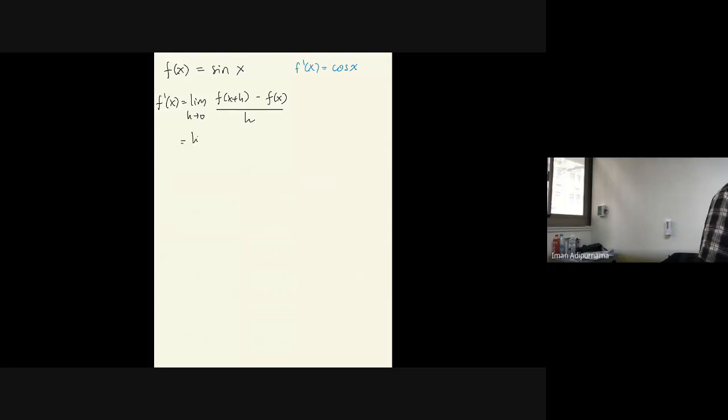So write all in sine x plus h, and then change all to sine. Anyone remember what is the formula for sine x plus h? Like alpha plus beta, like maybe in your high school. Remember the formula?